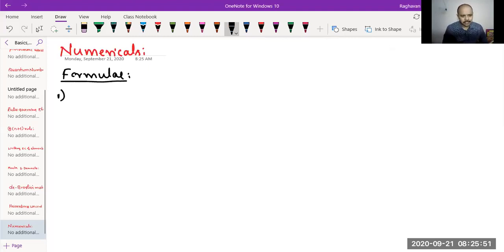See, velocity of light c is equal to nu lambda, correct? And wave number nu bar is equal to what? 1 by lambda. Number 3, the energy present in each quantum, E is equal to h nu.